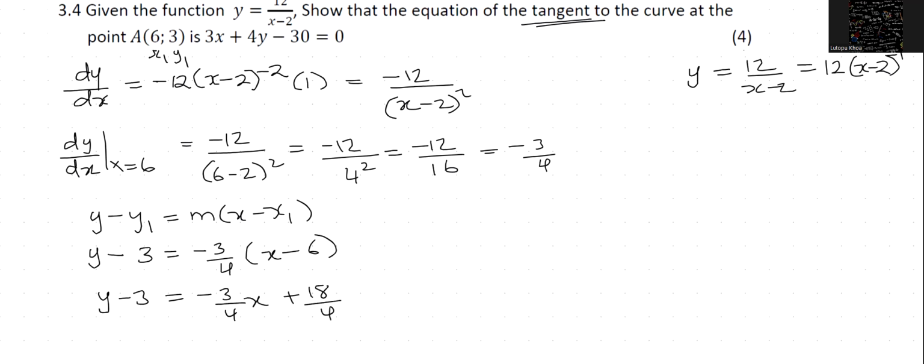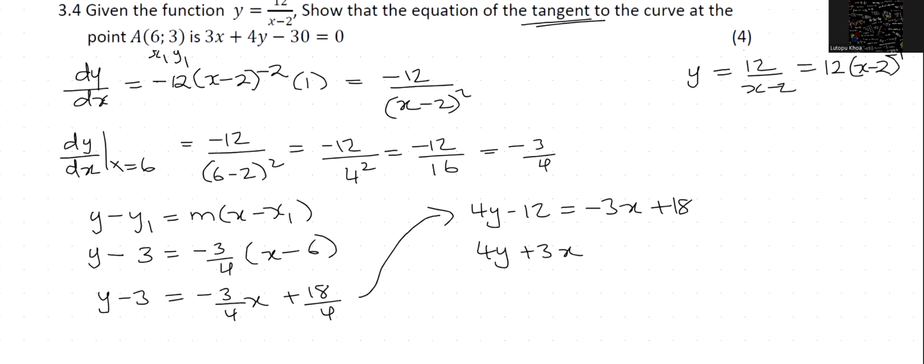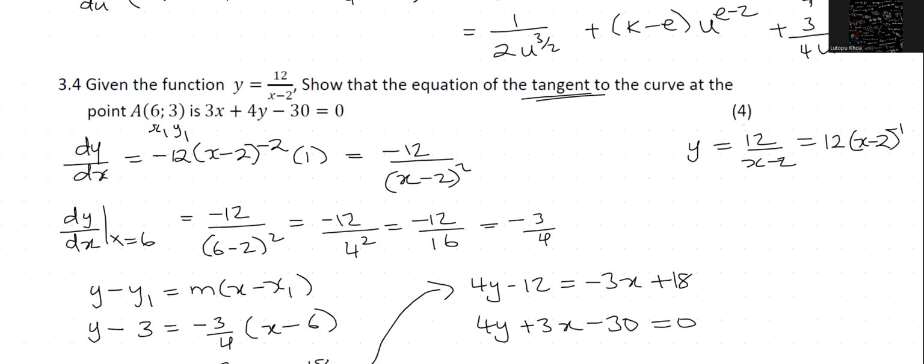Multiplying everything by 4, from here we have 4y minus 12 is equal to minus 3x plus 18. Then bring everything on one side. We have 4y plus 3x, and then minus 12 minus 18, this is minus 30, is equal to 0. And that is exactly what we have there. Okay, so we have shown it.